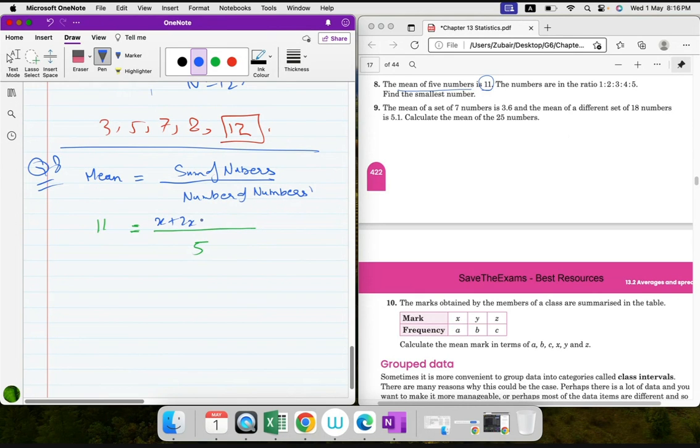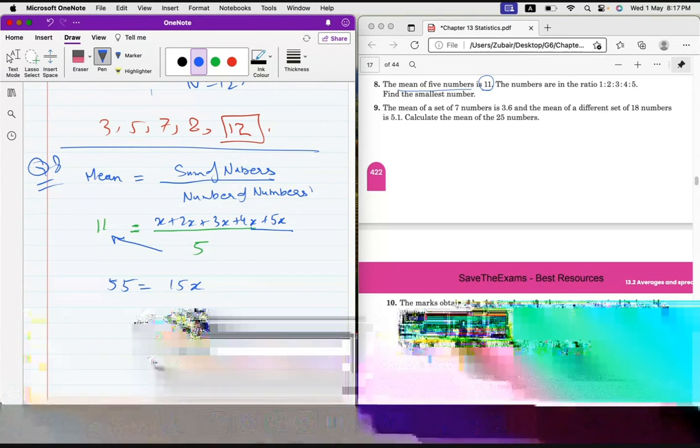So 11 into 5 is 55, and 1 plus 2 plus 3 plus 4 plus 5 is 15. So x is equal to 55 by 15. I'm getting 11 by 3.